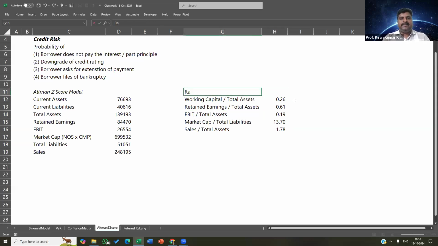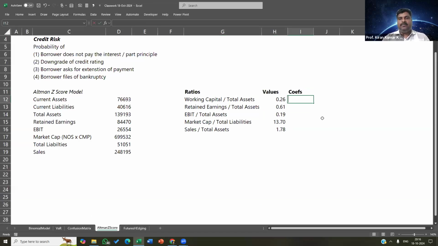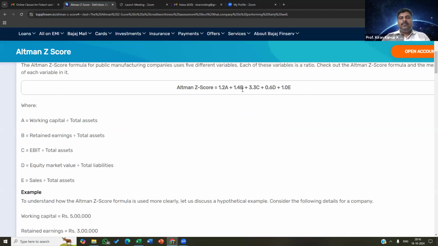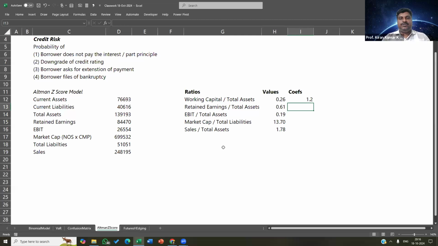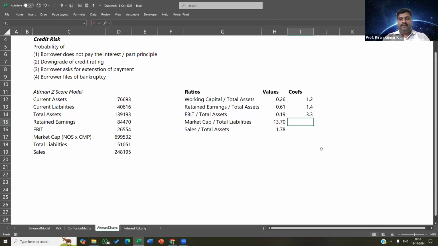By the way, I call these ratios, these are values. And then I will take the coefficients given by Altman. What are the coefficients given? 1.2 for the working capital ratio. 1.4 for the retained earnings ratio. And 3.3, 0.6, and 1.